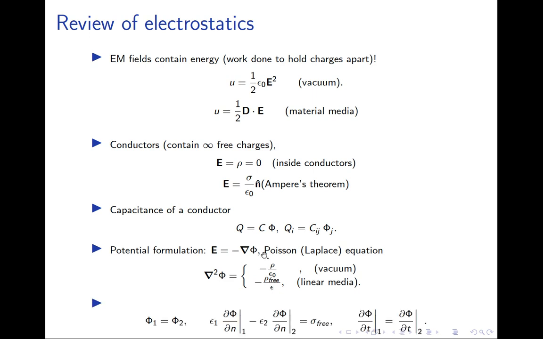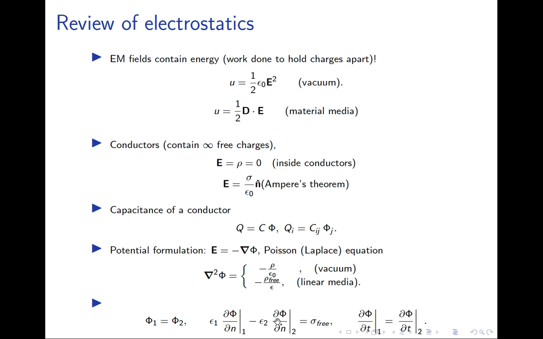Also, we generally talk about the Poisson equation as a second order elliptic partial differential equation, and you need some boundary conditions to solve this, given a volume of charge and a given region of space. We need to give some data on the boundary of that space so that we are able to solve this equation. And those are these equations: first, the potential is continuous across any boundary.